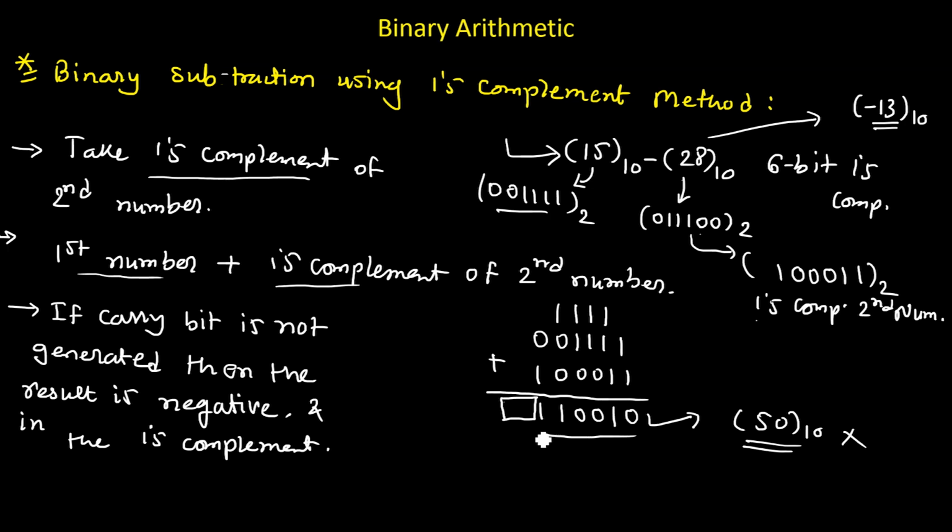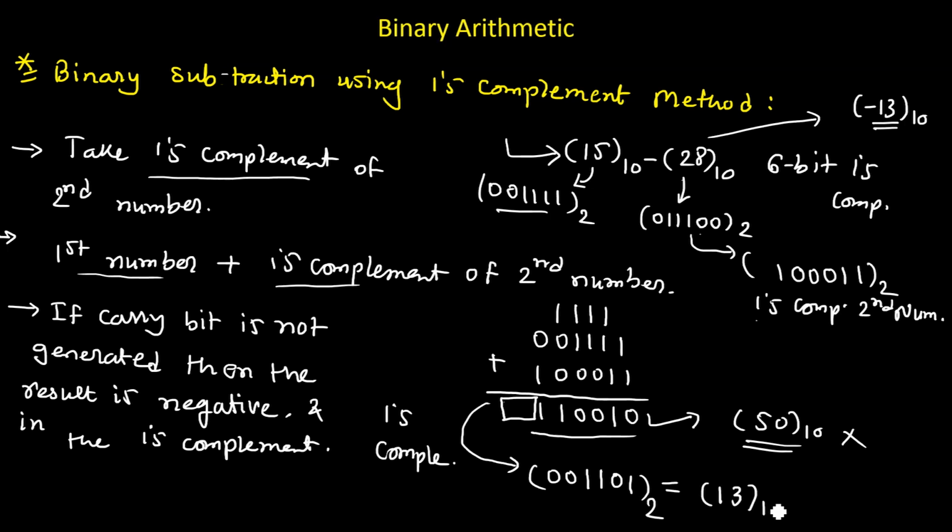So if we convert this number into the first complement, then 0 becomes 1, 1 becomes 0, 0 becomes 1, again 1, then 0, 0. Now this is the first, or ones, complement of the given answer. If we convert this binary number, then we get 13 as the decimal answer.